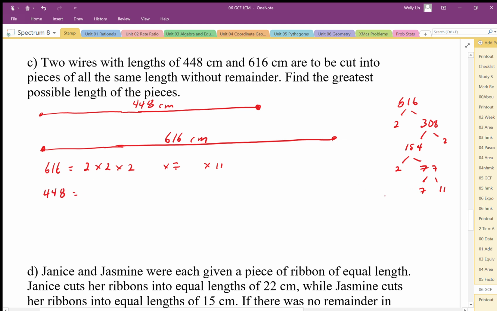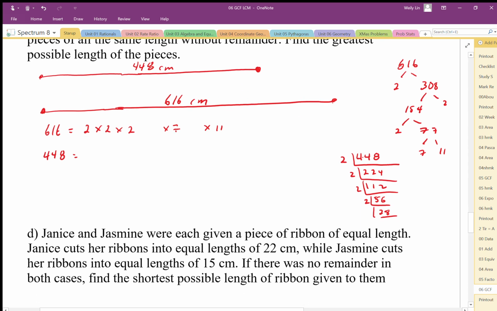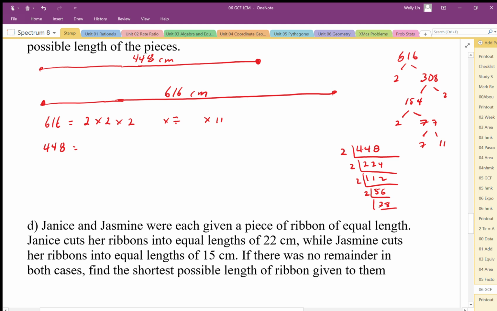And then 448. We're going to factor this as well, so I'm going to use the factor box here. 2 gives 224, 2 again is 112, 2 again is 56, 2 again is 28, and 28 is 2 and 14, then 2 and 7.